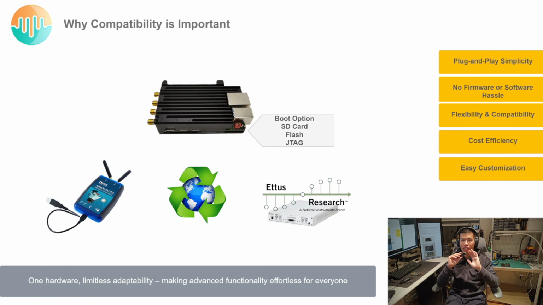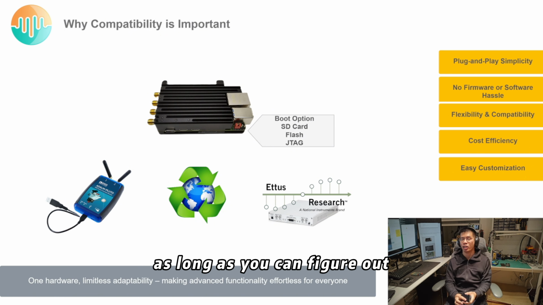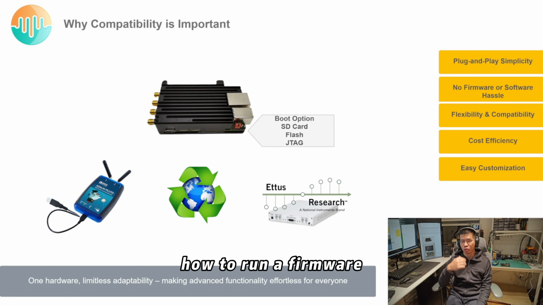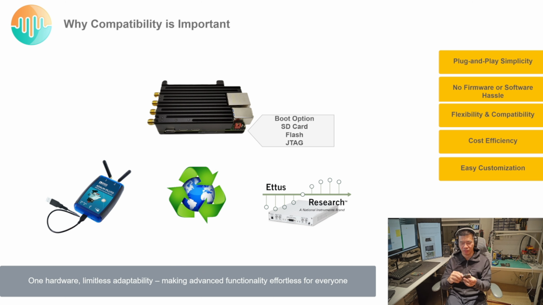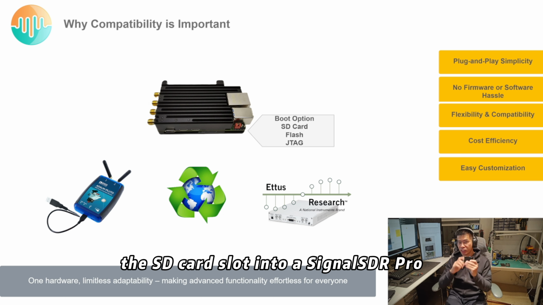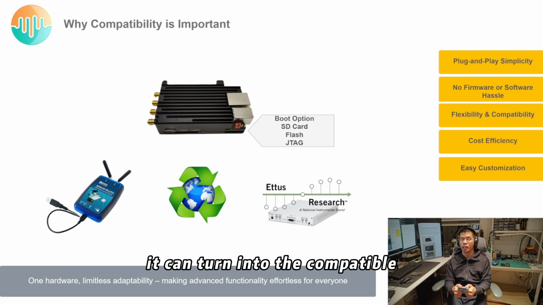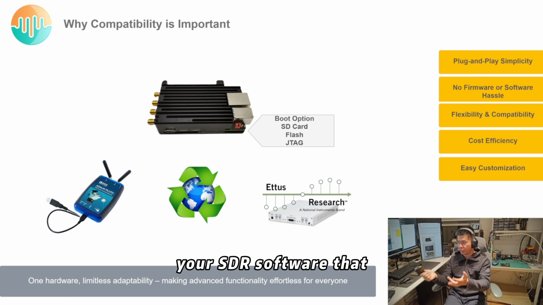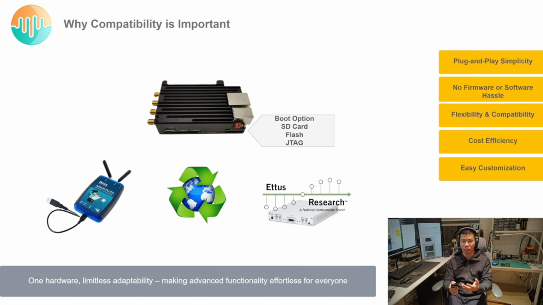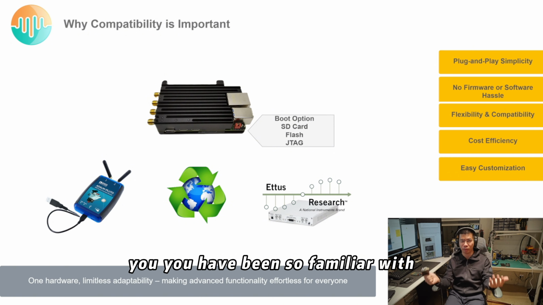And there is no limitation, right? As long as you can figure out how to run a firmware, put it into the SD card, slot it into a Signal SDR Pro, it can turn into the compatible SDR software that you have been so familiar with.